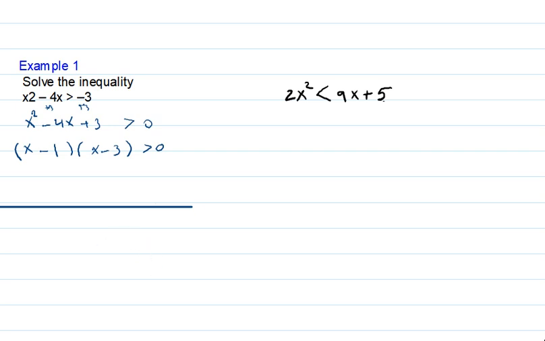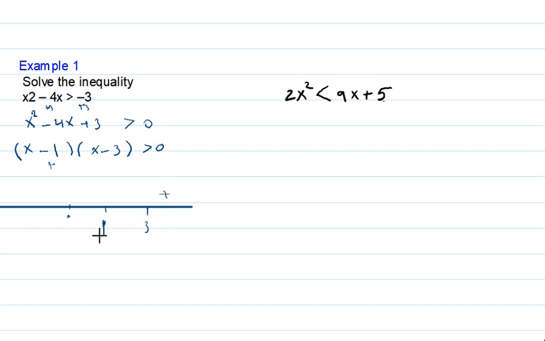Let's check the signs. We have points of interest here, 1 and 3. If you take any number greater than 3, for example 4, then 4 minus 1 is positive and 4 minus 3 is positive.